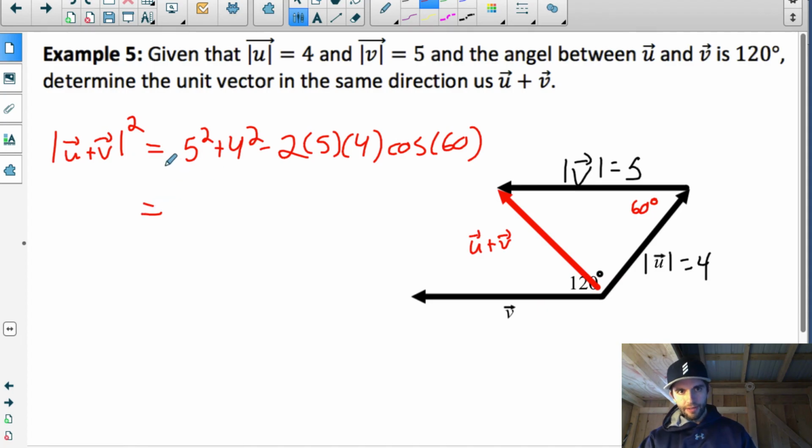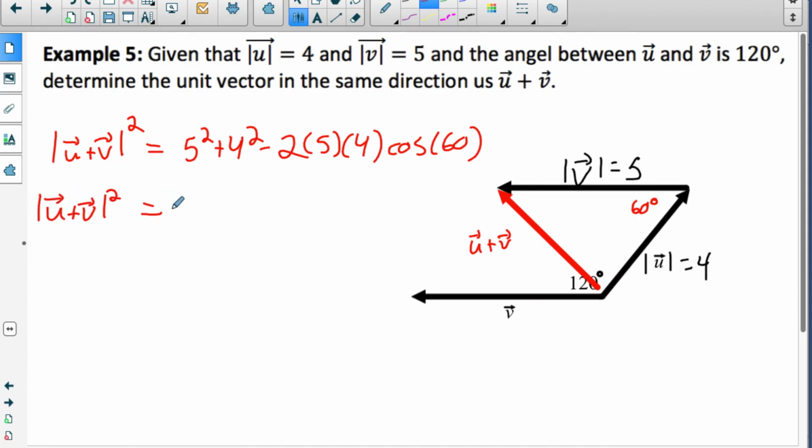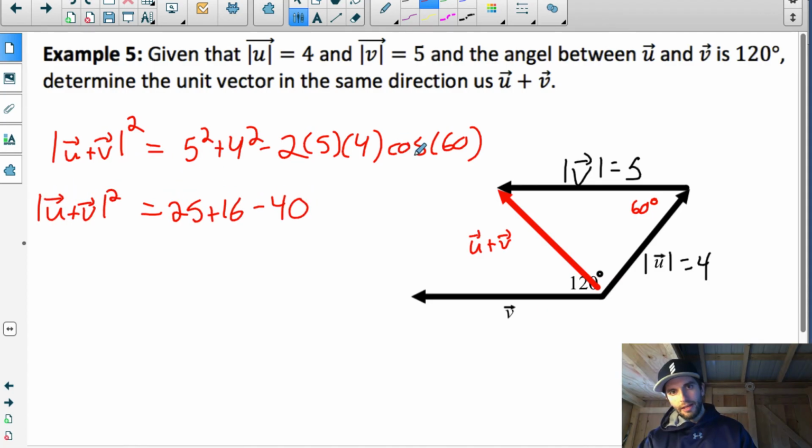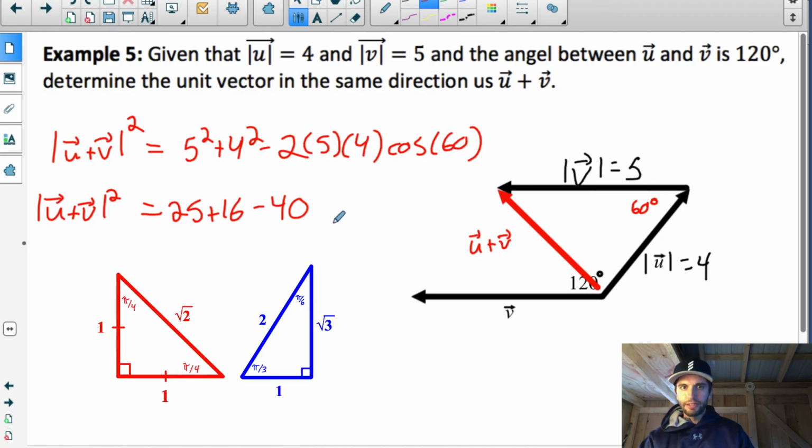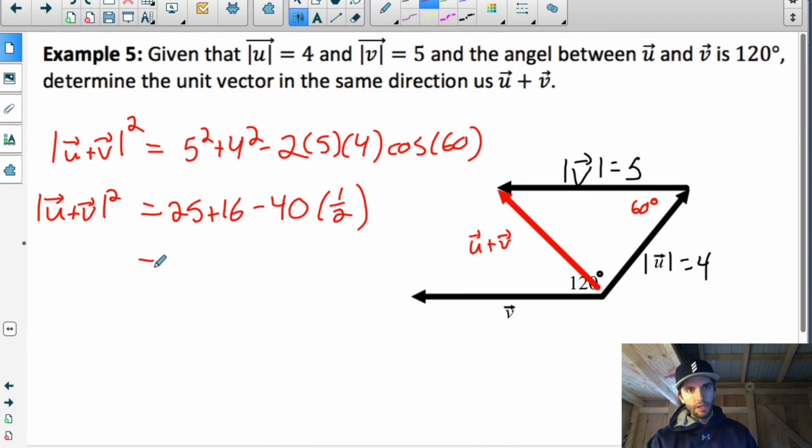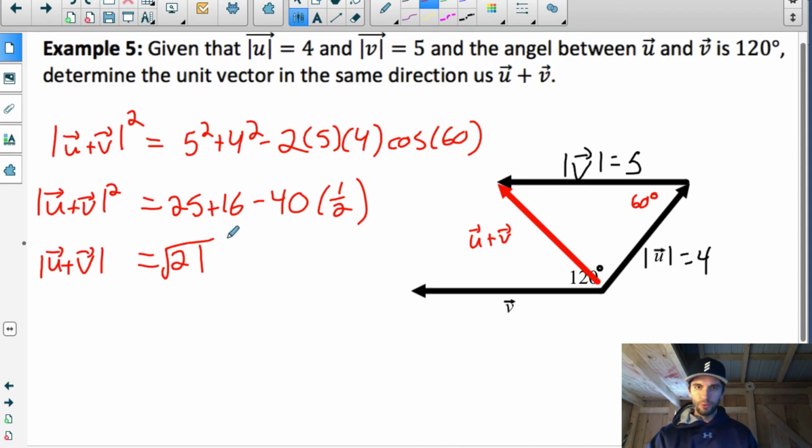And I could simplify this. And cos of 60, if you remember your special triangles, cos of 60 is a half. So we've got 41 minus 20, that's 21. Let's move the squared over. So the magnitude of u plus v equals the square root of 21. So I know the length of this side is root 21.